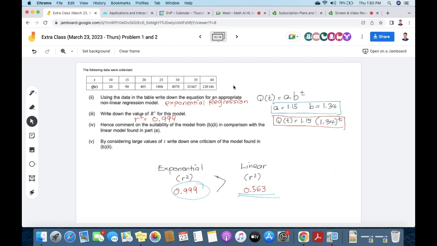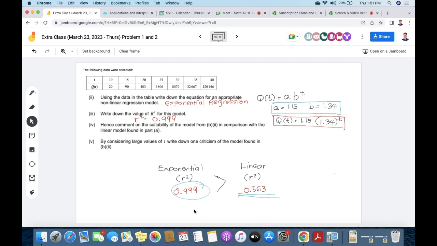Because based on what we have observed here, the change is greater as we increase the number of days. So this speaks of the situation that is observed based on the table. The model we're doing now in B is a lot more suitable than the one in A. Again, you can use the comparison between the two r squared values.